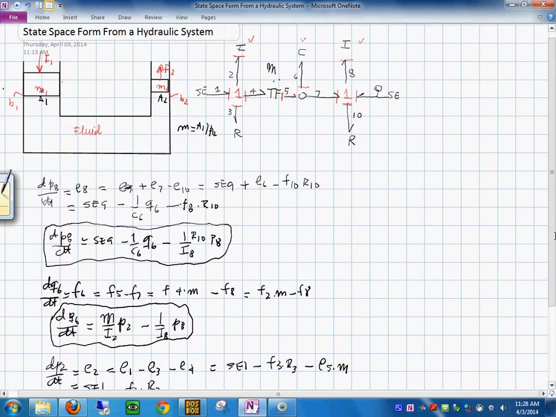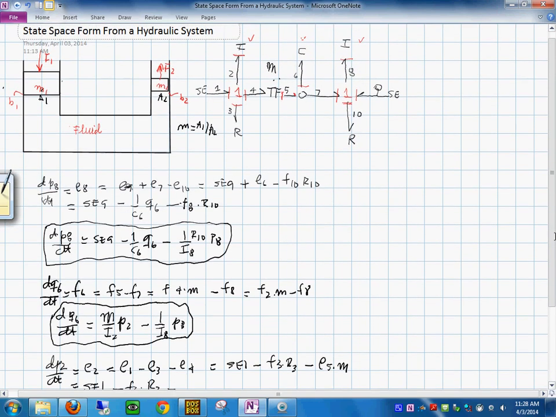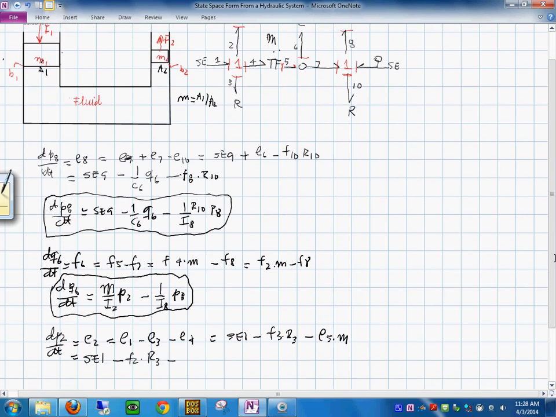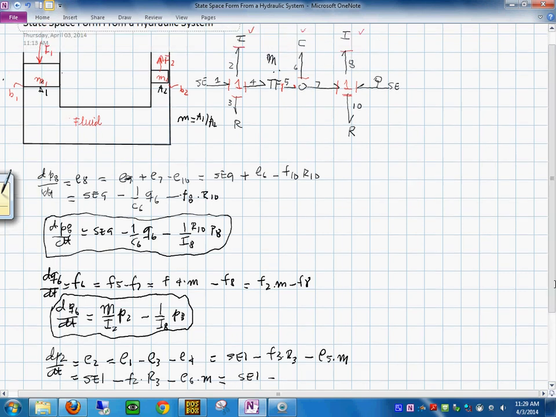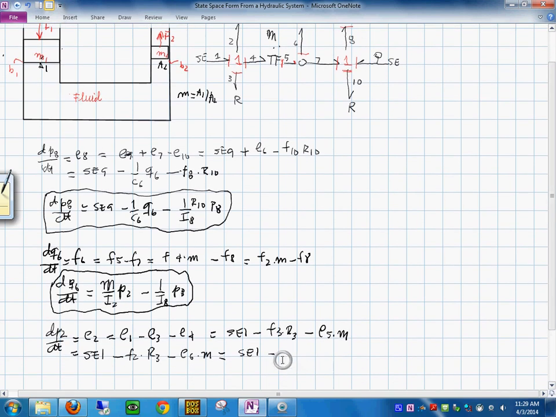In this case, E sub 5 is E sub 6 times M. So SE1 minus F2 is 1 over I sub 2 times R sub 3 times P sub 2.